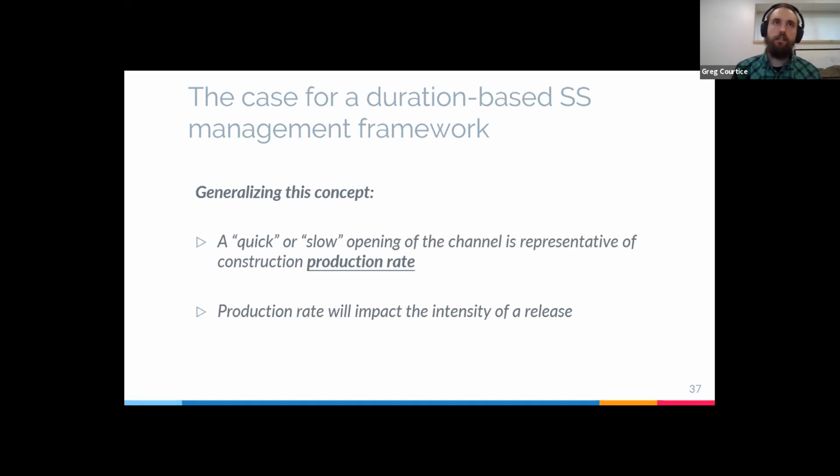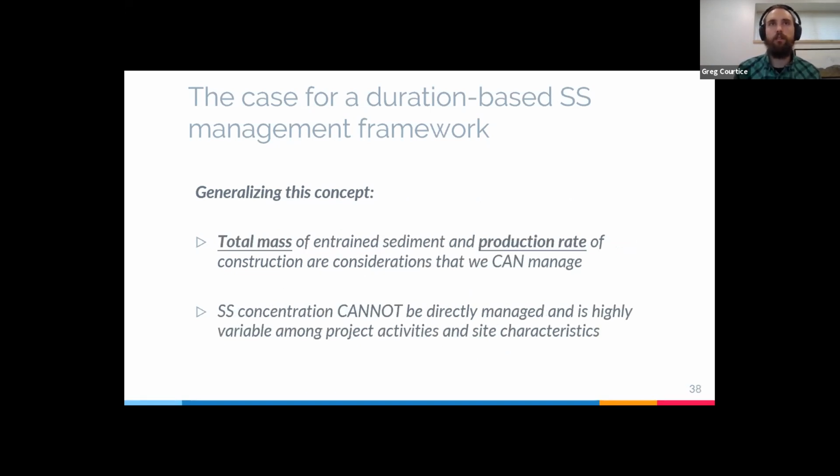Now, we can generalize this, and we can say that the quick or slow opening of the channel is really representative of construction production rate. And so production rate of a project will impact the intensity of a release. So what we can say is that total mass of entrained sediment and production rate are two components of a project that we can actually manage.